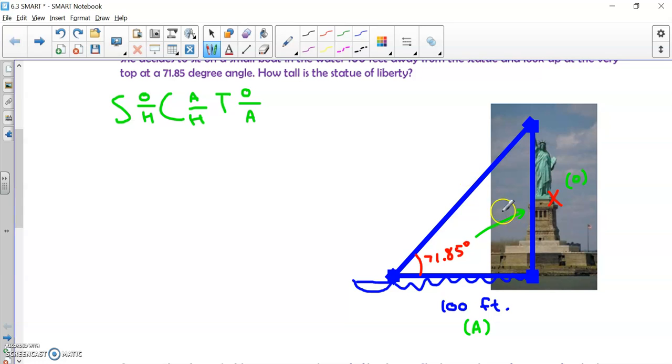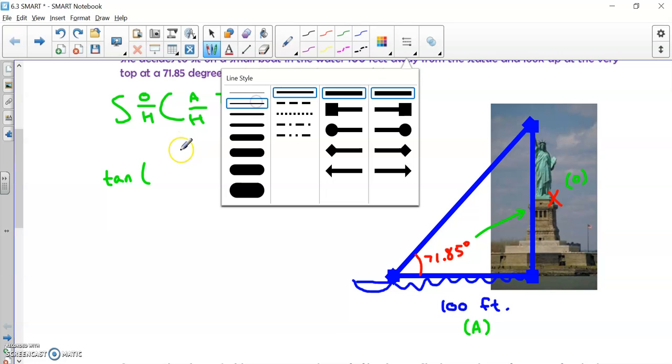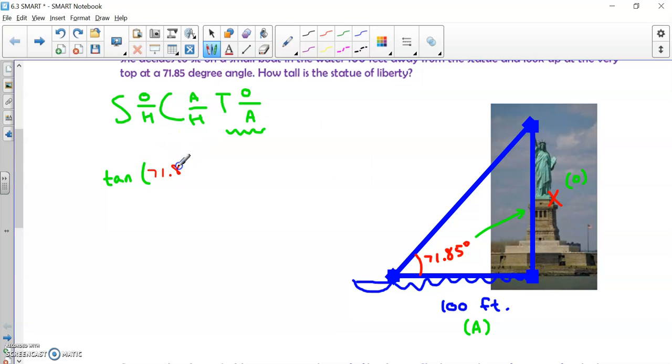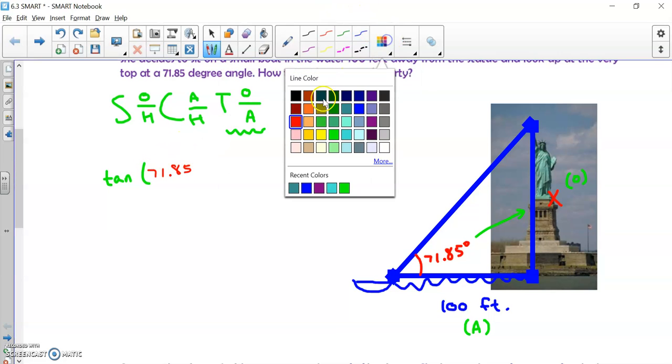Now we can tell from our picture that we're working with O and A, and TOA, or tangent, is the one that deals with O and A. So we will proceed accordingly. We'll use the tangent ratio, so tan of our angle goes in there. In our case, it's 71.85.